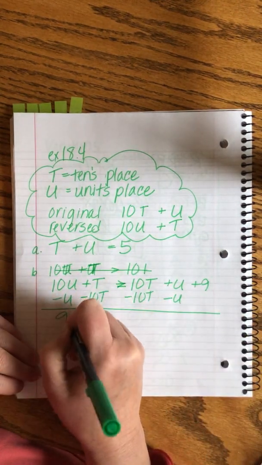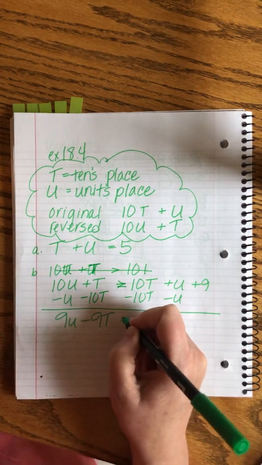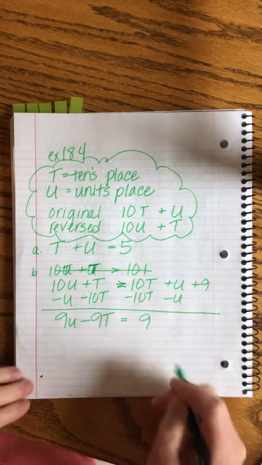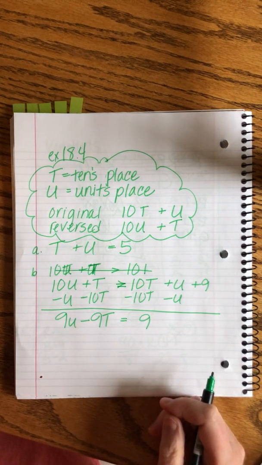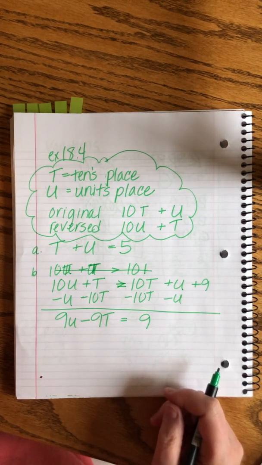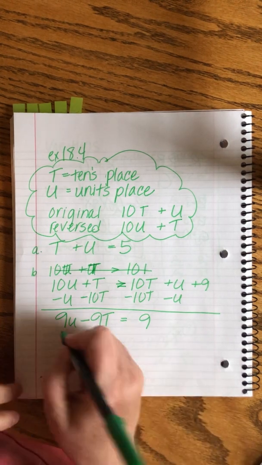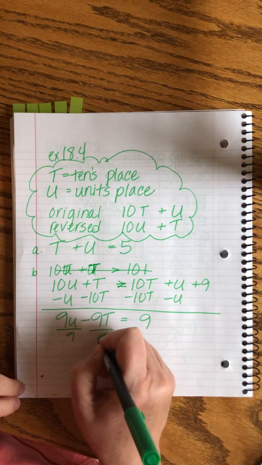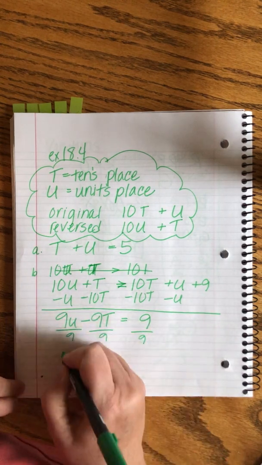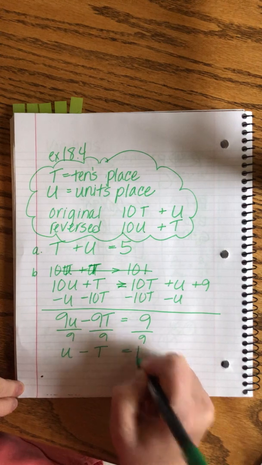And we'll get 9u minus 9t equals 9. That's a lot of 9s, isn't it? So what do you say? We just divide everything by 9. And we get u minus t equals 1.